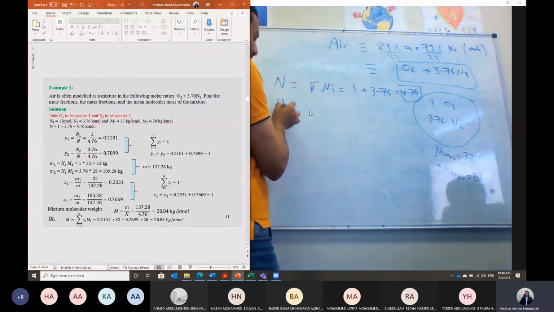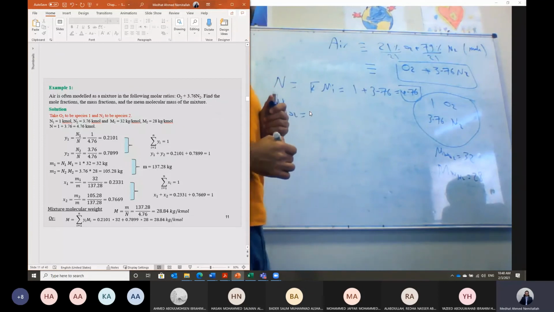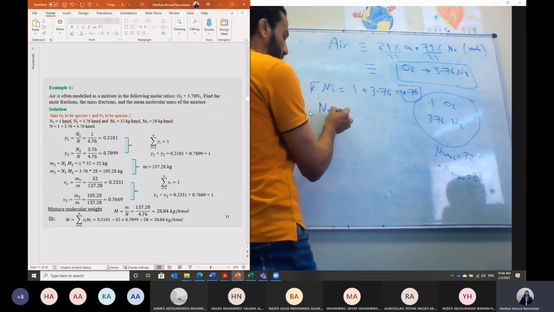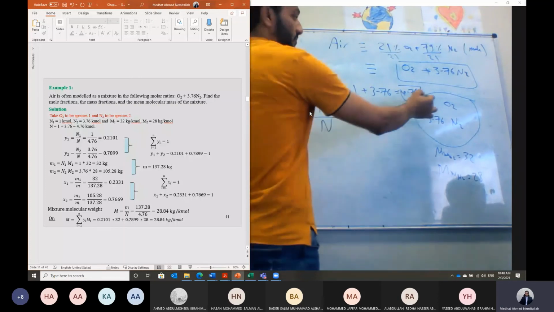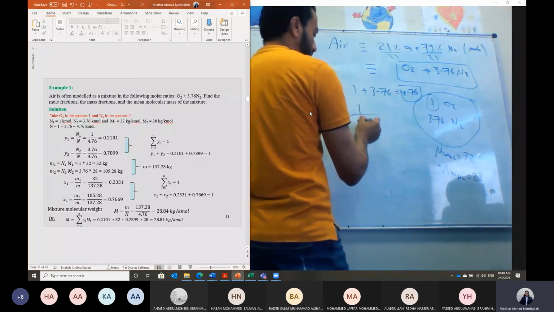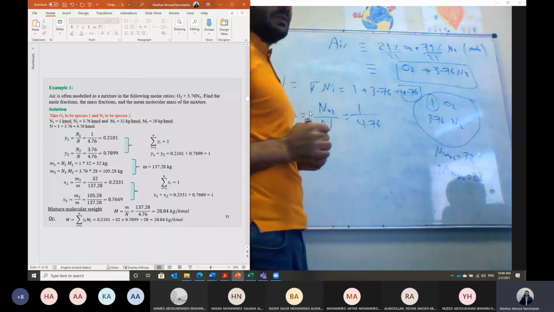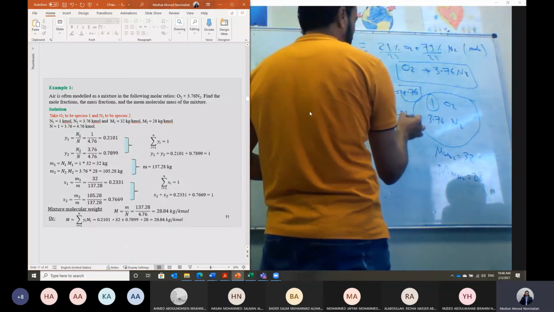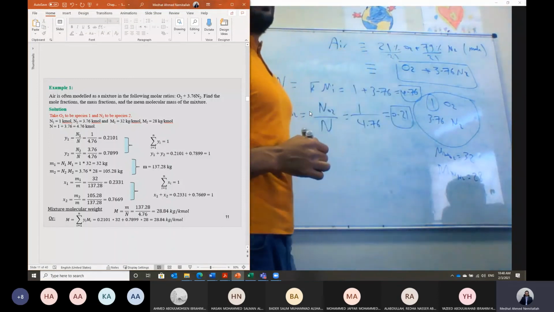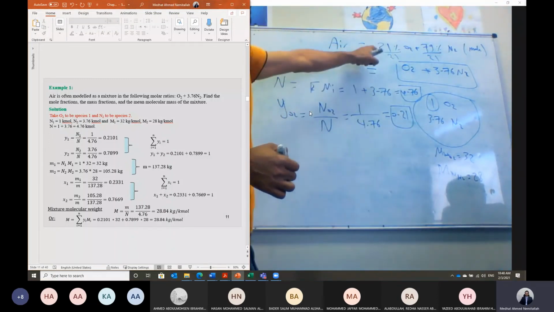So if I calculate the mole fraction of O2, that will equal the number of moles of O2 divided by the total number of moles. The number of moles of O2 is 1, divided by the total, which is 4.76. If you calculate this, the mole fraction should give you a value of about 0.21, which is the volumetric concentration of O2.